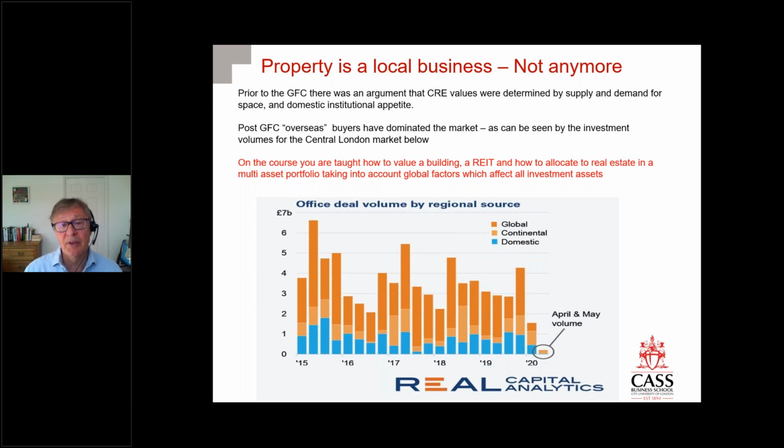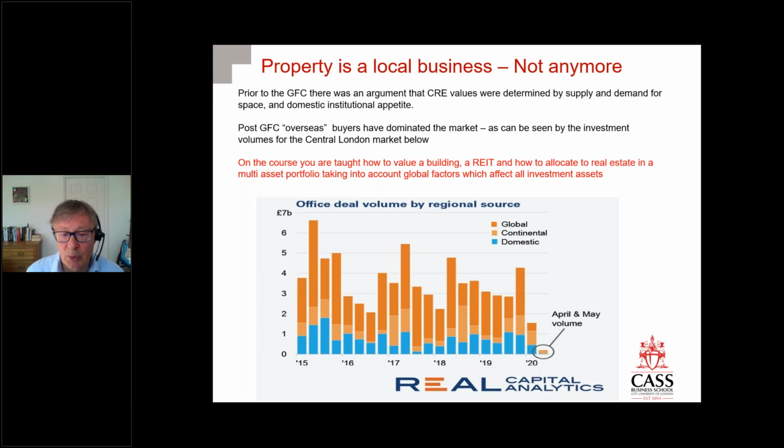How do we measure that and how do we know that? What we tend to look at is the volume of investment transactions. There's fantastic data provided by Real Capital Analytics, RCA, which tells us what the source of that volume was.